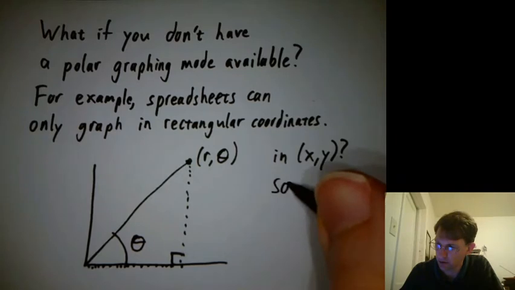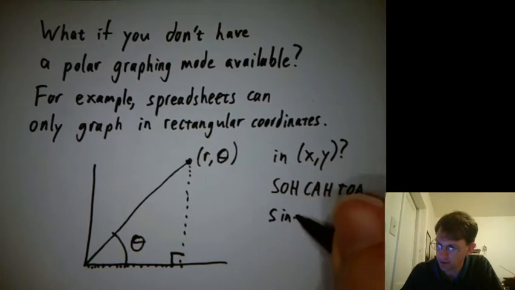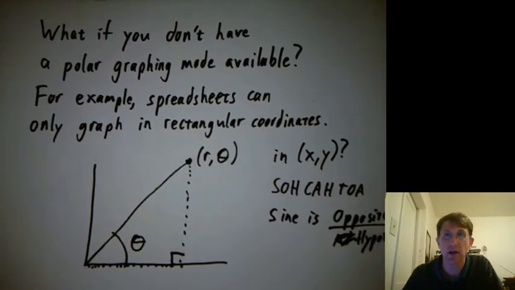You might remember the expression SOHCAHTOA, which means sine is opposite over hypotenuse. That's the S, the O, and the H.